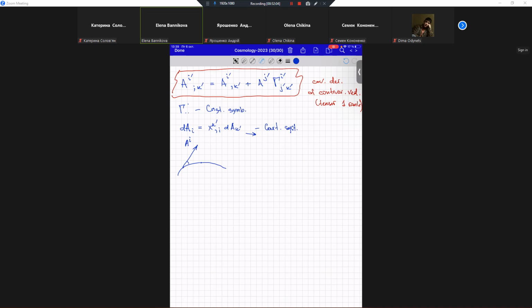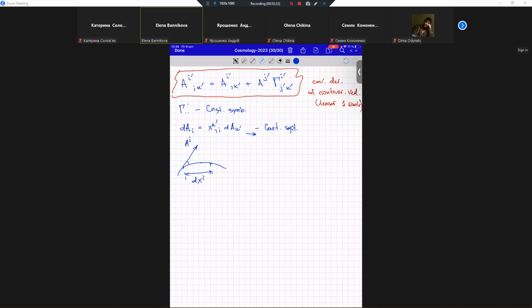Let's consider that this, it's of course huge, is exactly d x i. So we move it to some point in the vicinity of the vector.